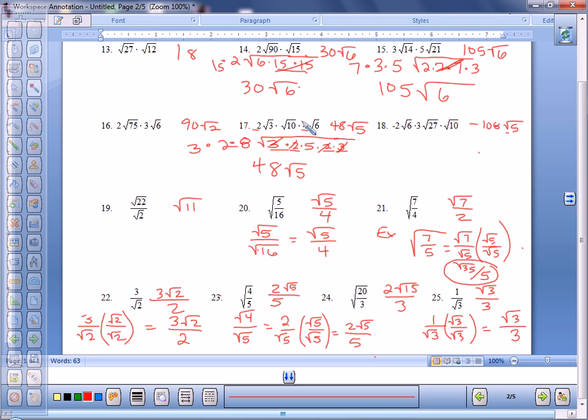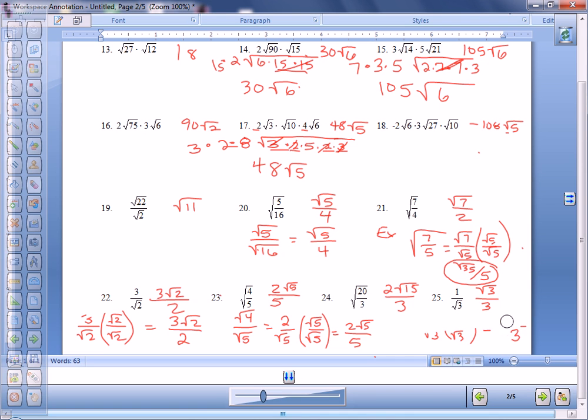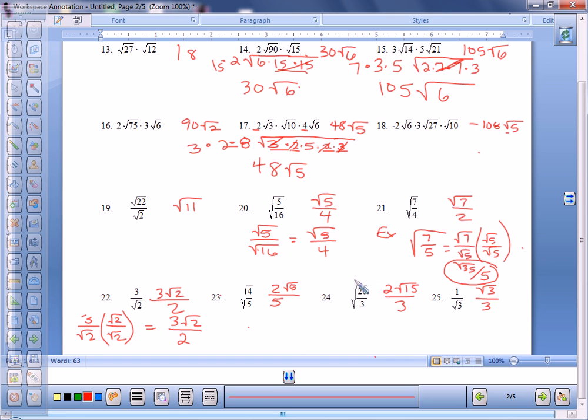over 24. Okay, that's the only one on the bottom row I haven't done. That's all right. I can tell what y'all don't like. You are very clear. There's no confusion for me. Okay. The square root of 20 I could simplify first if I wanted to. So square root of 20 breaks down to 4 times 5.